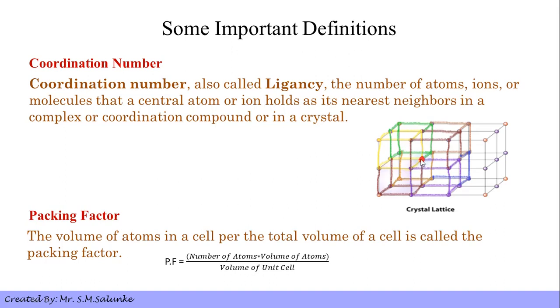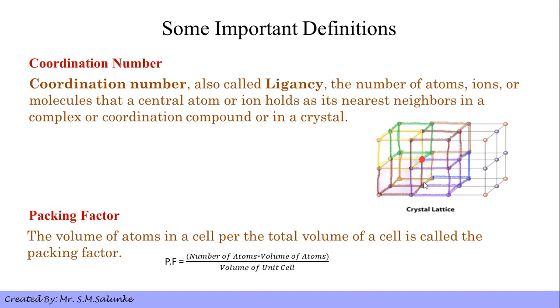This atom is common with 8 unit cells. You can see they are represented by different colors: yellow, brown, green, purple, blue, etc. So these colors represent 8 different unit cells, and this atom is common with these 8 unit cells. So coordination number is nothing but the number of times an atom is shared with different unit cells. In this case, this atom is shared with 8 unit cells, so the coordination number is 8.